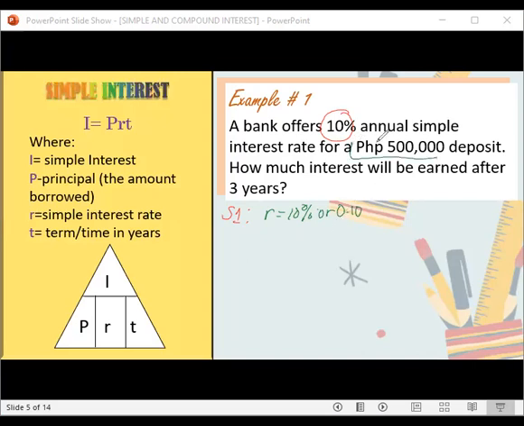Next, we have here 500,000 pesos. So 500,000 pesos is ito yung dineposit or yung ide-deposit. Ano tong 500,000 pesos na to? That will be your principal. So remember, principal is the amount you borrowed or deposited.